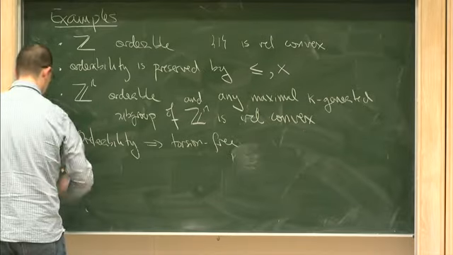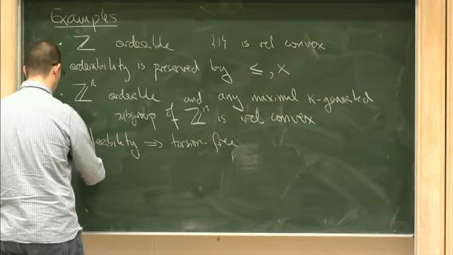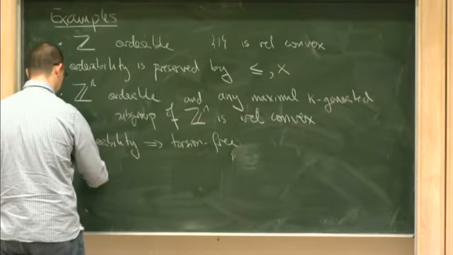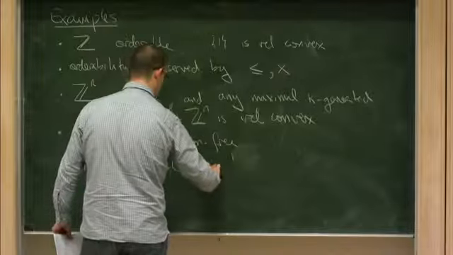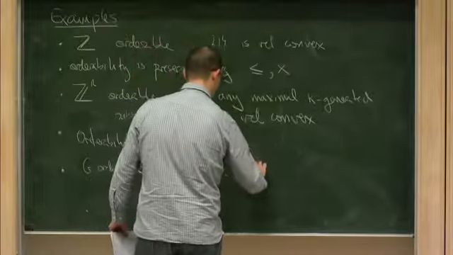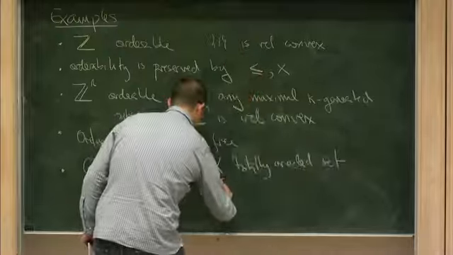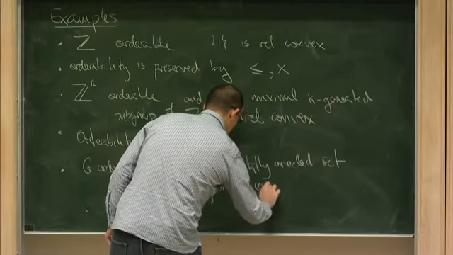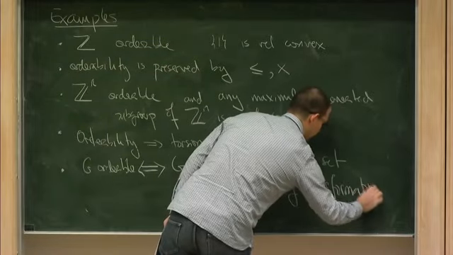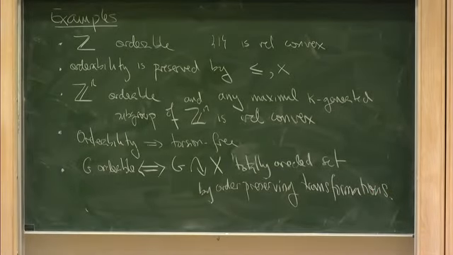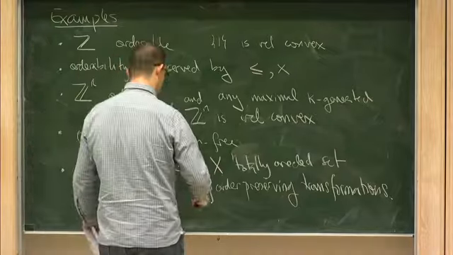And I guess a characterization of orderability that may help you to find more orderable groups is: G is orderable if and only if G acts faithfully on a totally ordered set by order preserving transformations.